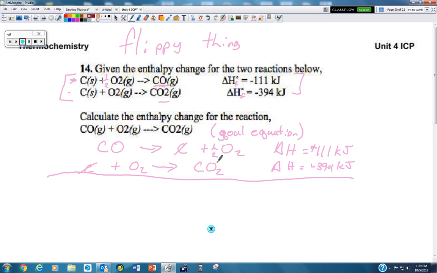I have a half O2 here, and I have an O2 here. So if I cancel this one, what does that do to this one? Makes this a half. So if I get rid of a half of O2, then I have a half O2 here. Now, is there anything else that I can cancel on this? No, everything else is like it is.